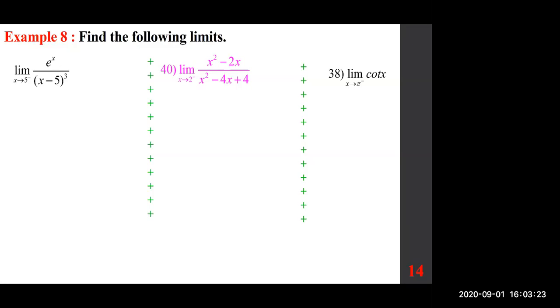So literally, you can change that to, let's say, 4.9. As an example, I'm saying you can do it in your mind. So 4.9 minus 5 gives you negative. That's the point. I want you to see the sign. So we have e to the power of 5, and then 0 from the left to the third power. Now, as you know, negative to the power of odd is still negative. And therefore, we have positive over negative, negative infinity.